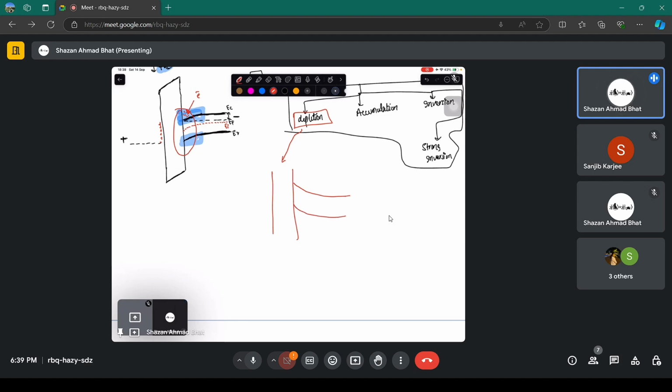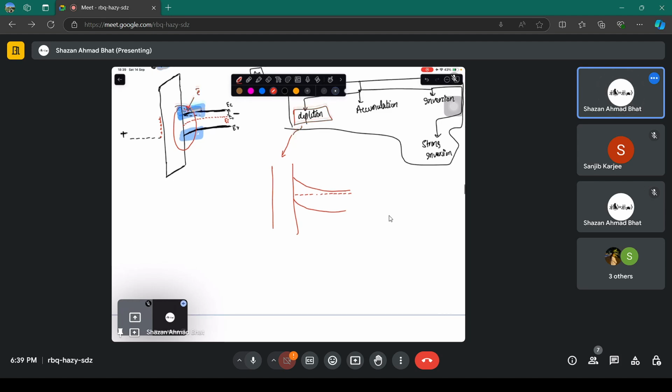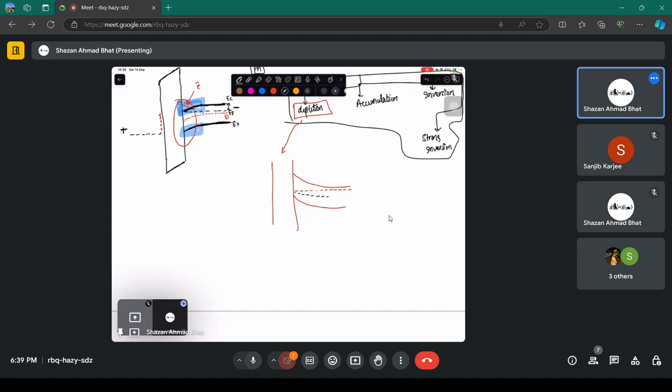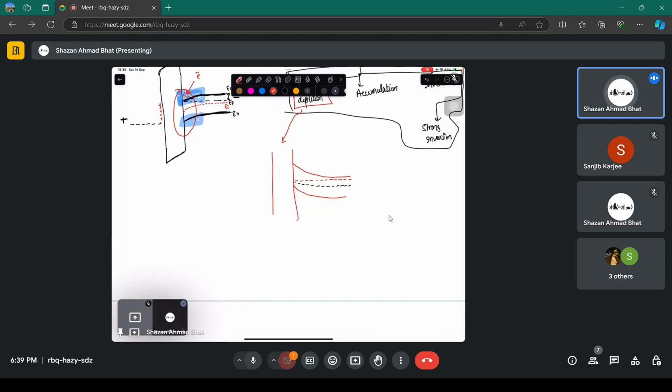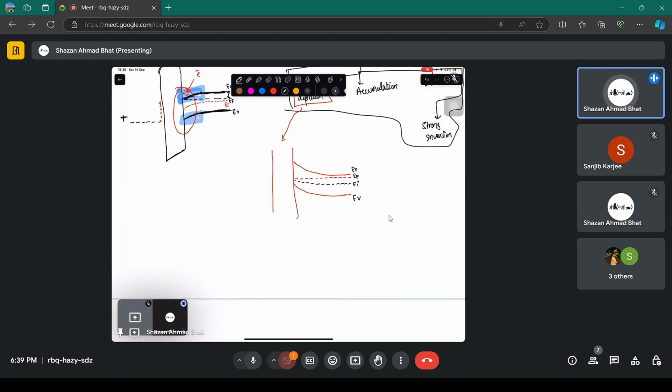Okay, and let's call this the Fermi level of this particular system, and let's call this the intrinsic level. This is intrinsic level. This is Fermi level. This is conduction band. This is valence band. And considering this, let's say this is the Fermi level of the metal.